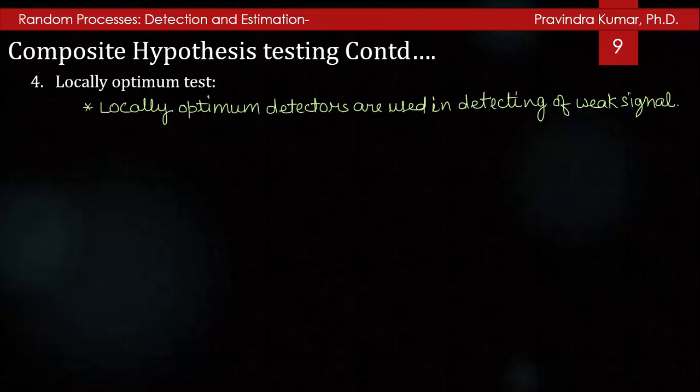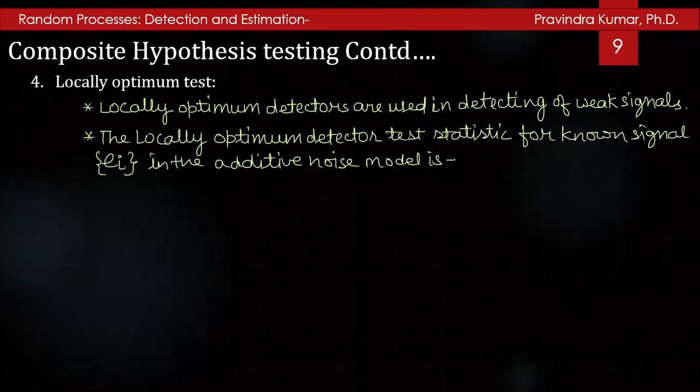When the uniformly most powerful or optimum detector is not available, the locally optimum detectors can be used. The locally optimum detectors are used in detecting weak signals because the detection of a weak signal is more difficult than the detection of a signal comparable in strength to the noise process. The locally optimum detector test statistic for a known signal s_i in the additive noise model is the summation i 1 to n and summation j 1 to n s_i g(x_ij).